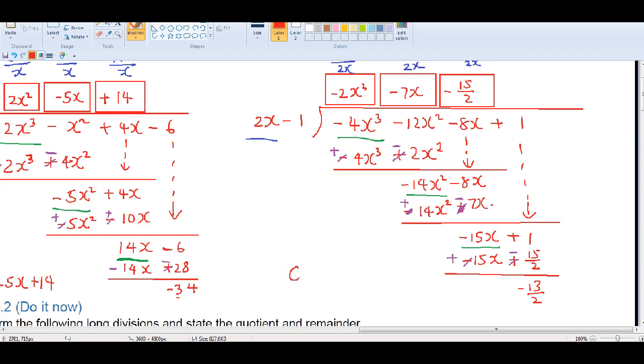The quotient this time is minus 2x squared minus 7x minus 15 over 2, and the remainder is minus 13 over 2. Good.